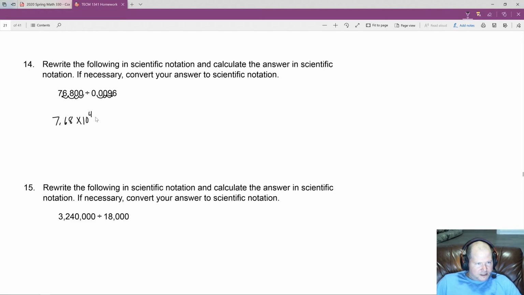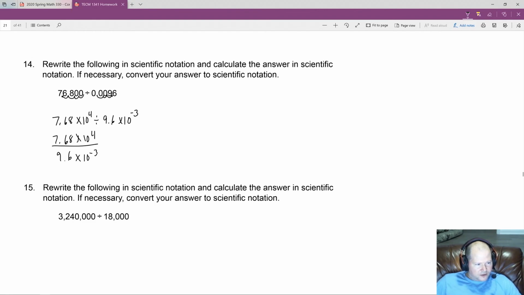So that will give us 9.6 times 10. We had 3 places to move it over, so it's going to be a negative 3 because the original number was small. So now we're going to divide, right? So we put 7.68 times 10 to the 4th power over 9.6 times 10 to the negative 3rd power.